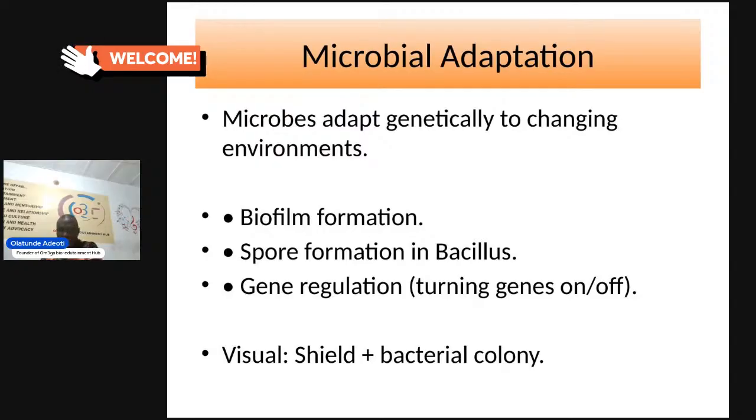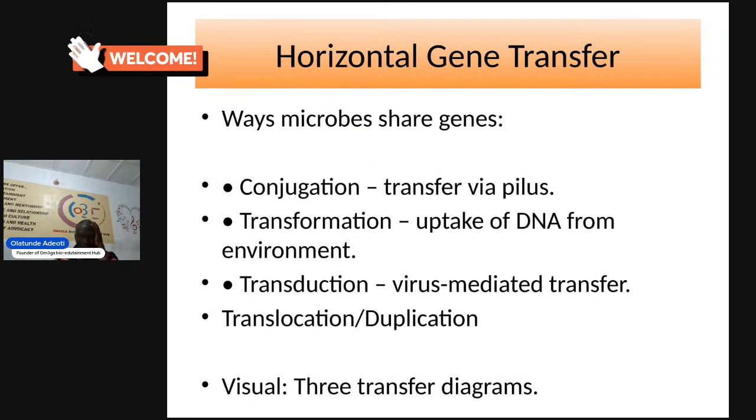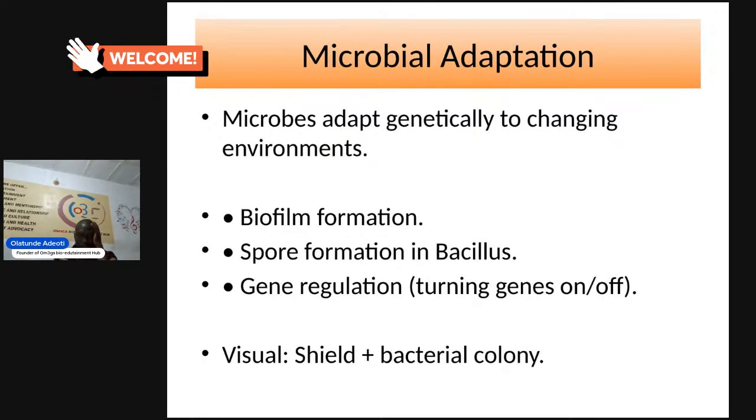Another one is spore formation. Some of them will have something to protect them, as if they are like a coconut, found in a shell. An example of spore formation is Bacillus.